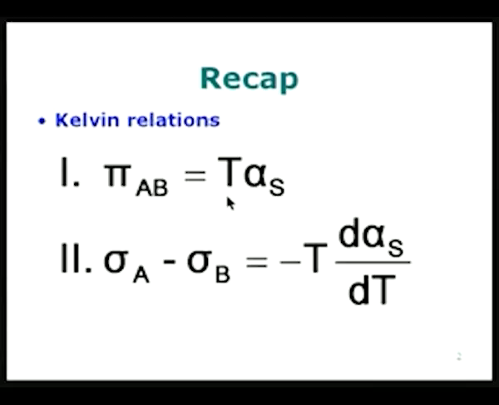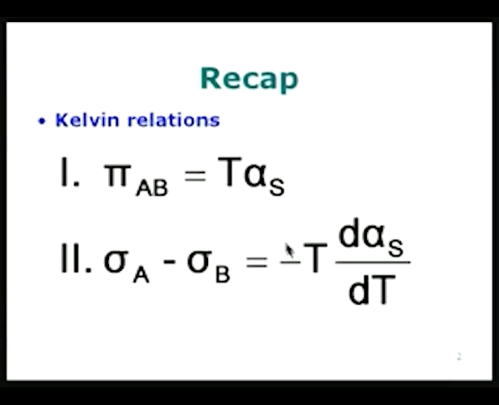So, this is the first Kelvin relation. The second Kelvin relation relates the Thomson heat: sigma_A minus sigma_B, the difference in the Thomson coefficients in the two materials, is equal to negative of the absolute temperature T times d alpha_S by dt.